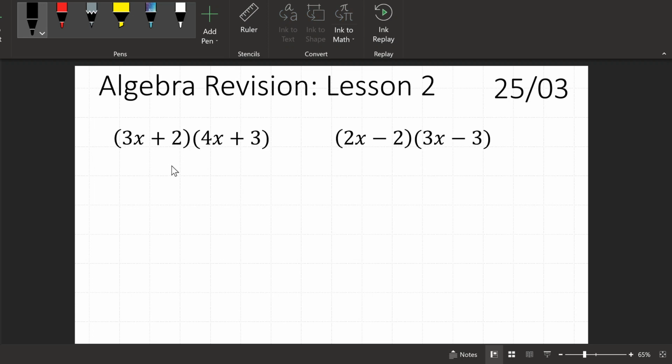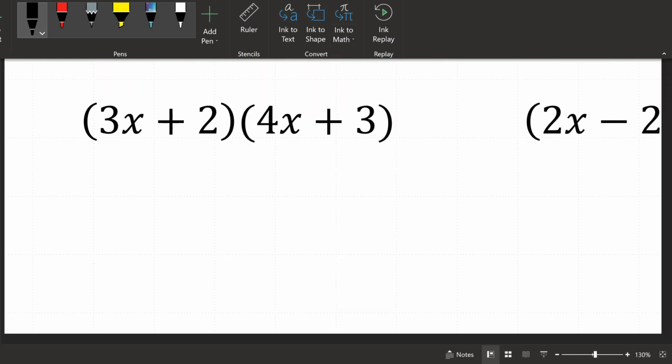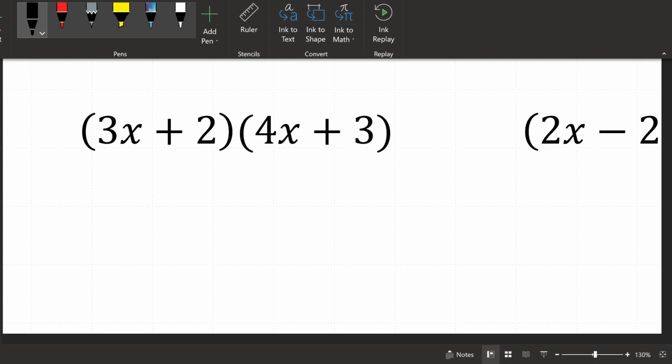Okay. So expanding brackets, expanding something like this. Now, you girls will probably have been taught multiple different approaches to this. I'm just going to teach the one. We need to multiply all the values by each other, okay? So we've got two values here, we've got two values here. So we multiply our 3x by the 4x and the 3x by the 3.